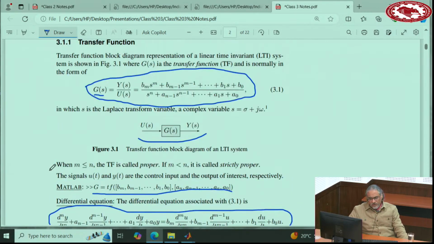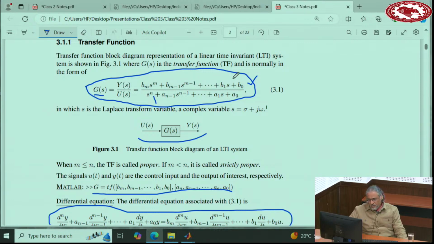Now, the transfer function for linear time invariant systems that we work with is always in this form. It has a polynomial in the numerator, a polynomial in the denominator, and the order of this system is this n, the power of s in the denominator. The roots of this polynomial in the denominator are called the poles of this system, and you will see in a moment why.